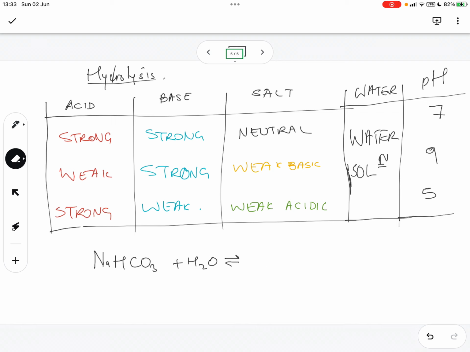Oh, check this out, man. So you see this table here? The HCO3 part, we can regard it as a conjugate base. So that would be the acid. So, wait.